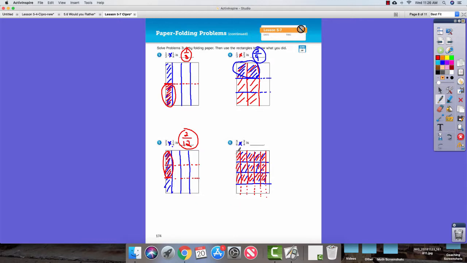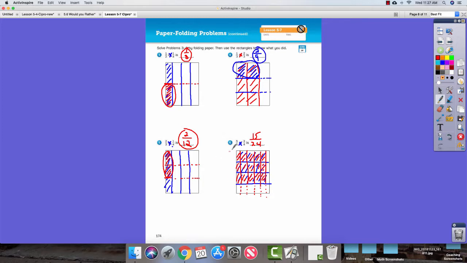So I can see that for 5/6 times 3/4, I got 1, 2, 3, 4, 5, 6, 7, 8, 9, 10, 11, 12, 13, 14, 15 equal parts double shaded. So I have 15 parts double shaded out of, well, 6, 12, 18, 24 total equal parts. So 5/6 times 3/4 is 15/24.